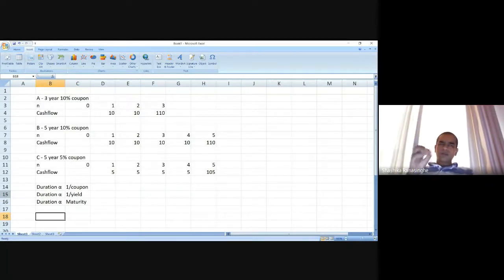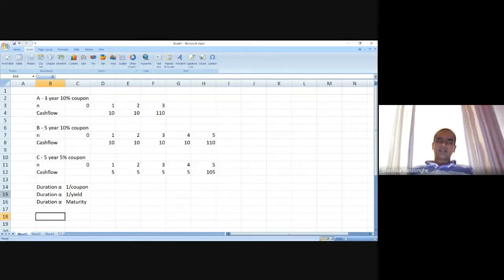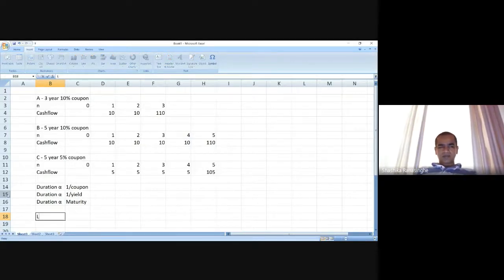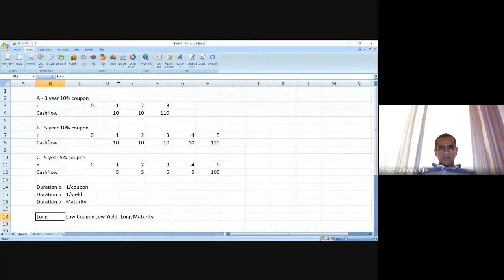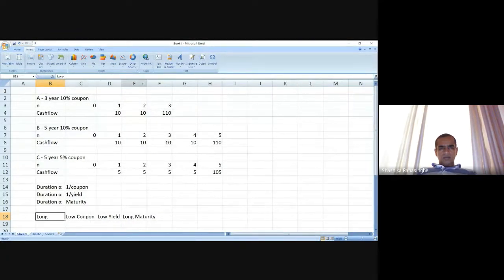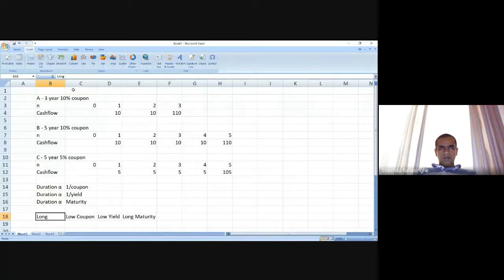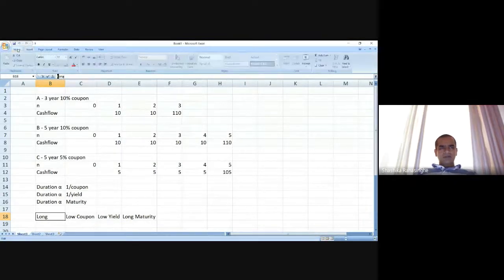So low coupon, low yield, and long maturity results in long duration. Now, if you observe carefully, all of these begin with what letter?